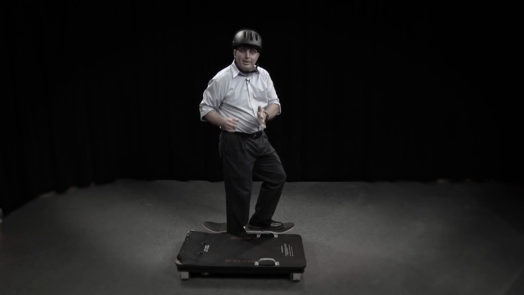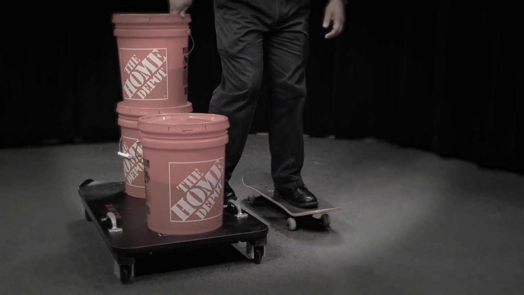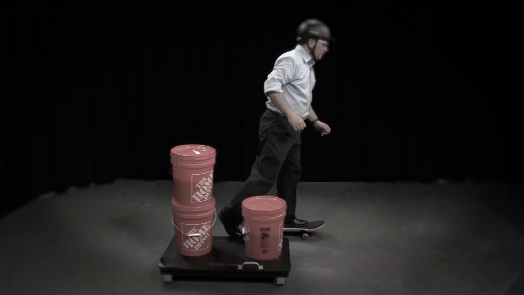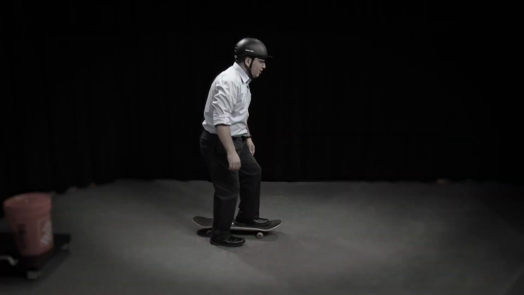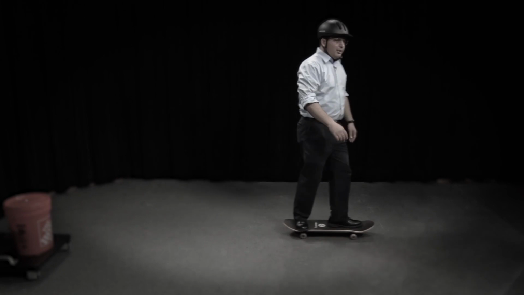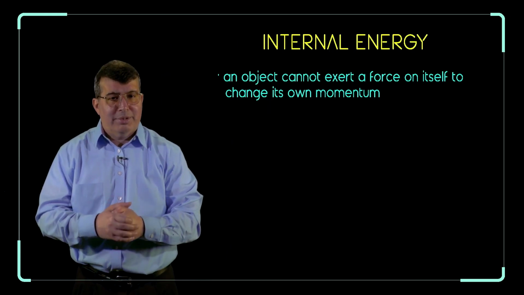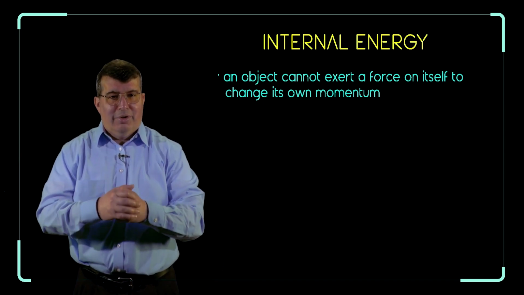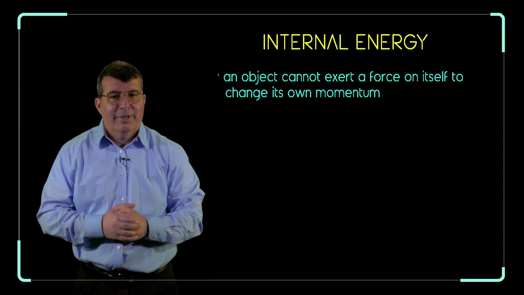Well, I could not do that unless another object pushed on me, because I pushed on the board and the board pushed back on me, or I pushed on the ground and the ground pushed back on me. So an object cannot exert a force on itself to change its own momentum. Something else has to push on an object to make it change its momentum.